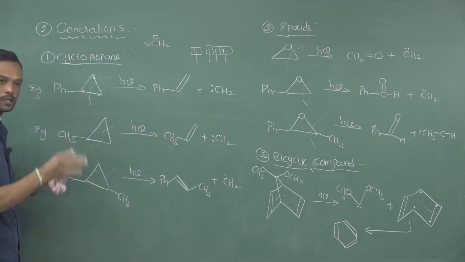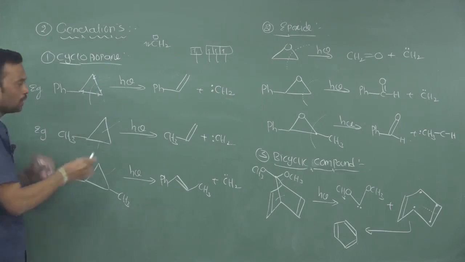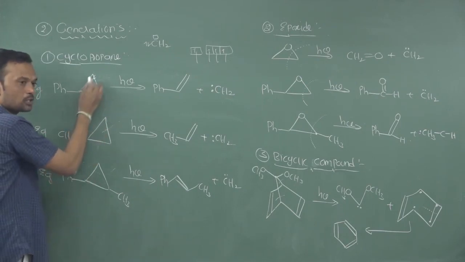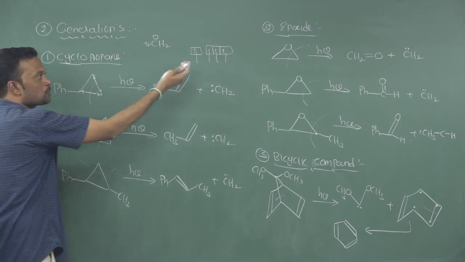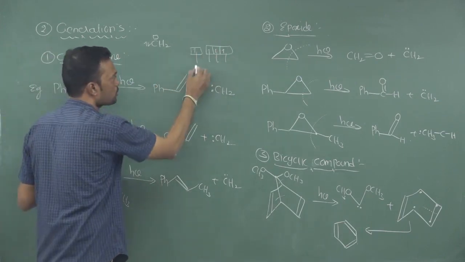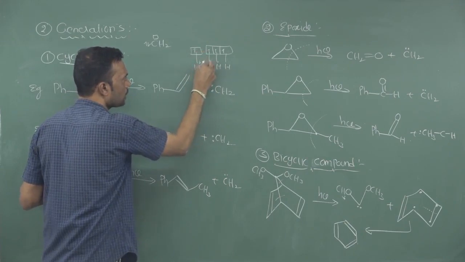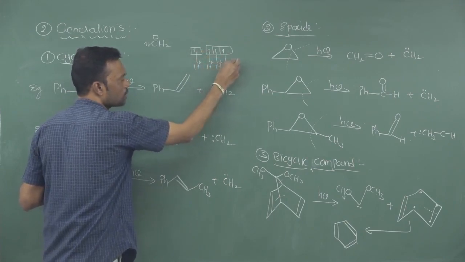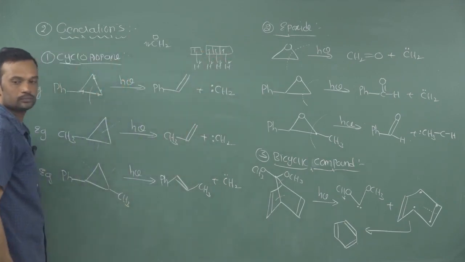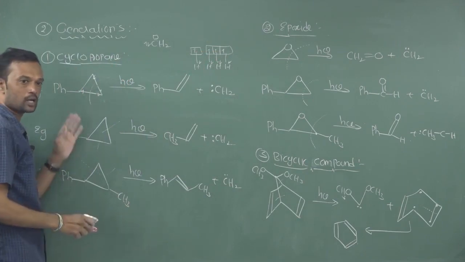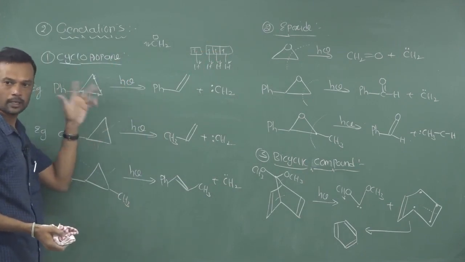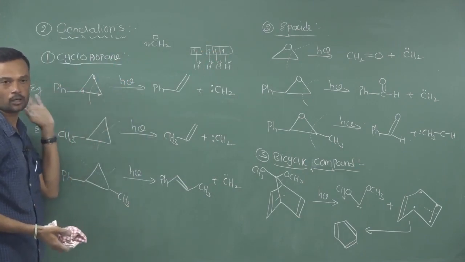They will participate with the same spin. Here we write them opposite in direction, but actually they participate with the same spin when bonding with hydrogen. Suppose I write CH4: clockwise, anti-clockwise, clockwise, anti-clockwise. Clear? So finally your answer is always which carbene? Triplet carbene only. Don't generate singlet carbene.